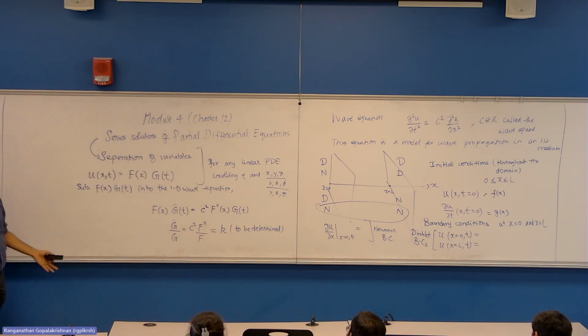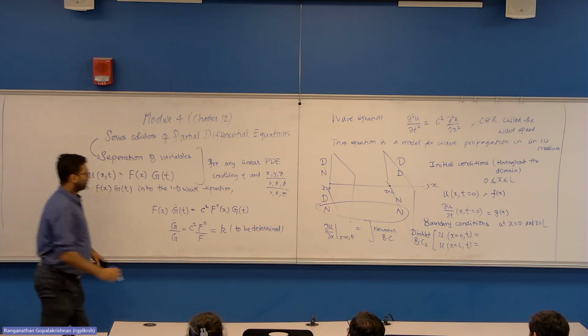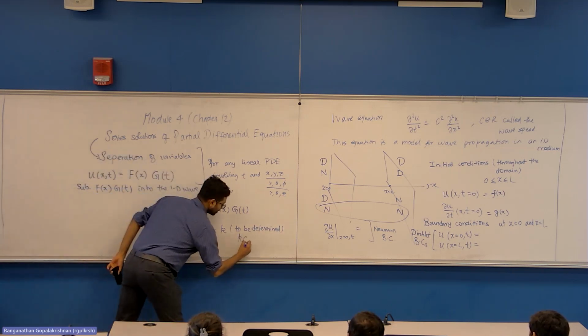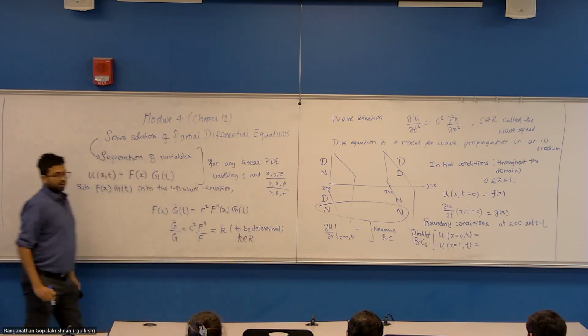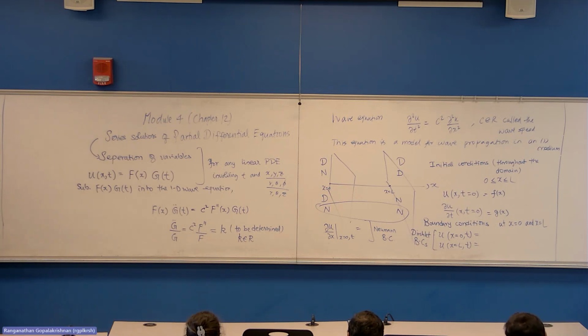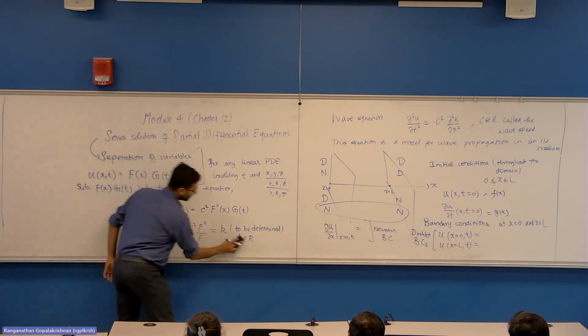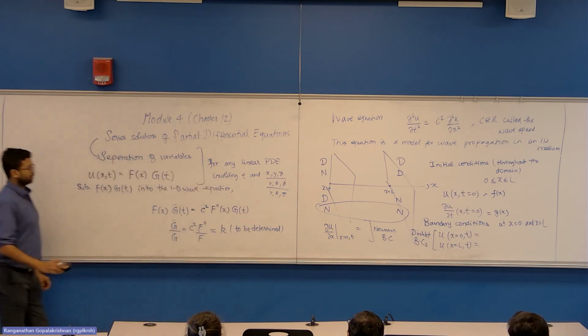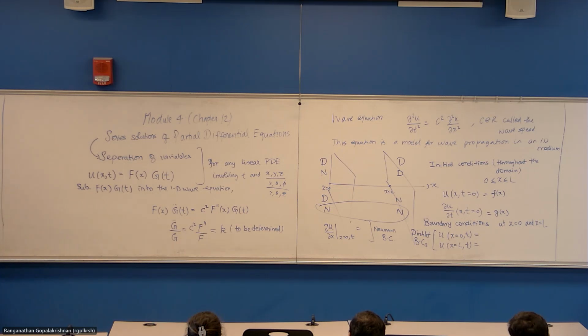K can be a negative number, positive number. Wait, not necessarily, sorry. K is to be determined, it could be complex as well. K will be a constant, but it could assume different values. It's not like a spatial variable, it could assume multiple values, but each value is a constant, which could be real or complex.